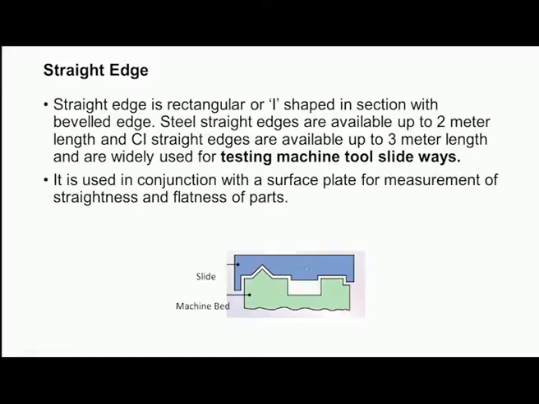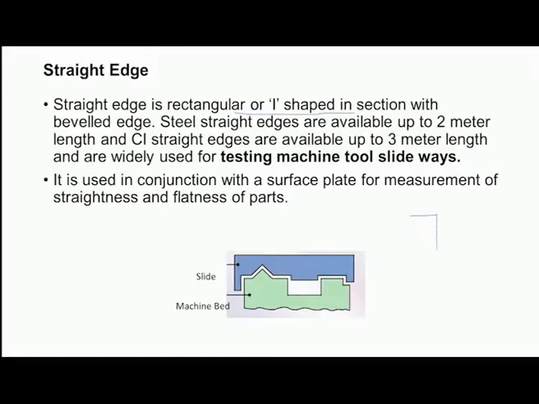Now, using a straight edge, how to check the straightness. Now, this straight edge is a rectangular or eye shaped device with a beveled edge. So, it looks like this.